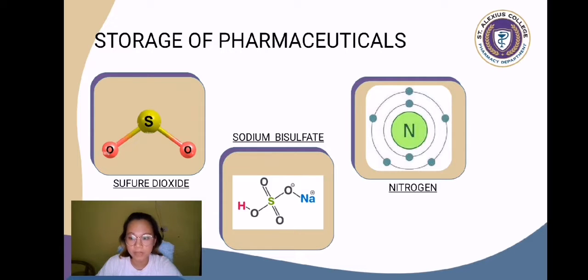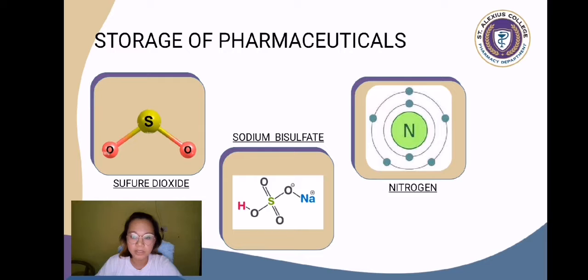Examples of inorganic antioxidants that are used in storing pharmaceutical products are sulfur dioxide, sodium bisulfate, and nitrogen. Sulfur dioxide is known to protect types of dispensing containers such as glass bottles as it has a chemical form that possesses antimicrobial action.